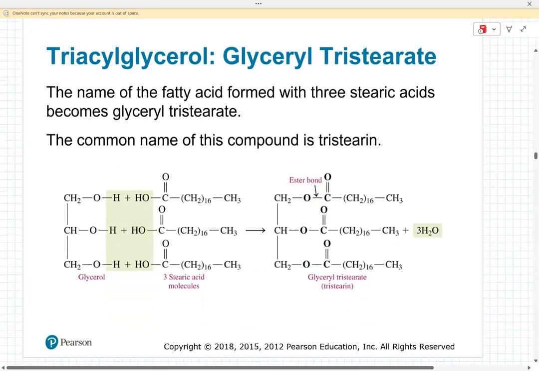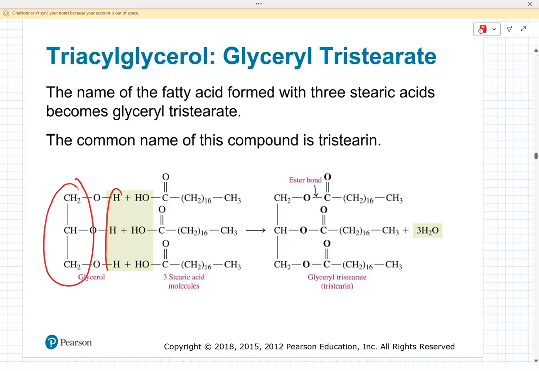So how does that happen? This is glycerol. Okay? See, there are 3 hydrogens here. So glycerol is an alcohol which contains 3 hydroxyl groups. Then you have carboxylic acid, 3 stearic acids. Okay? They form ester bonds.